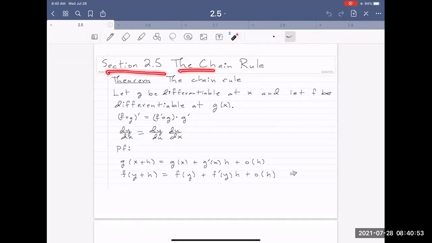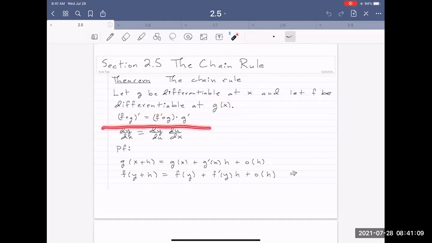Section 2.5, the chain rule. So, theorem, the chain rule. Let g be differentiable at x and let f be differentiable at g of x.